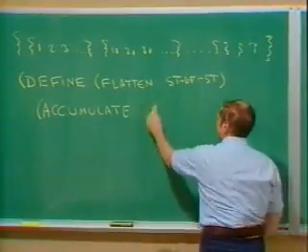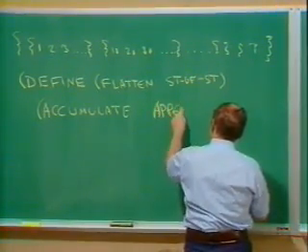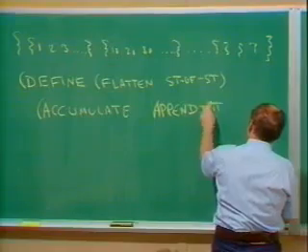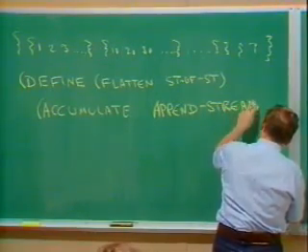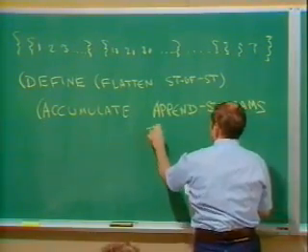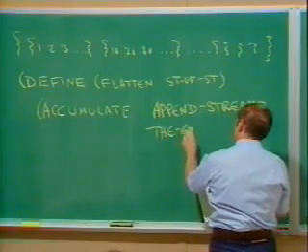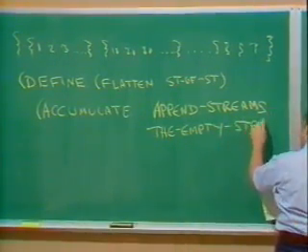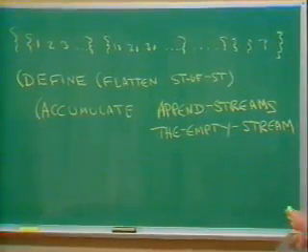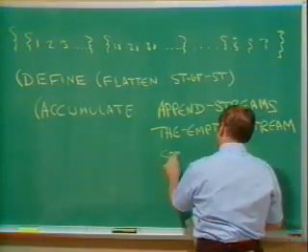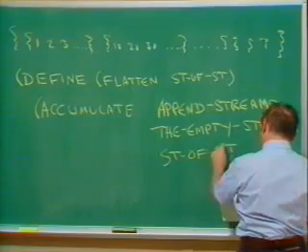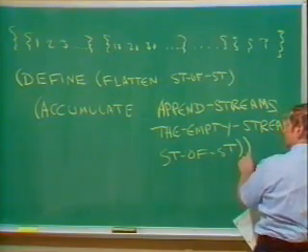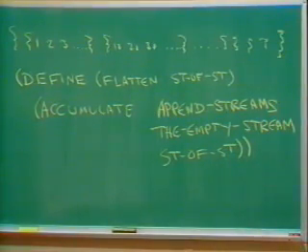So I accumulate using append streams, starting with the empty stream, down that stream of streams. Okay, so there's an example of how you can start using these higher order things to do some interesting operations.